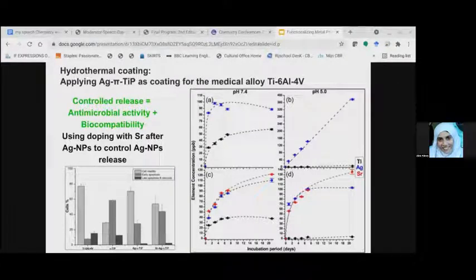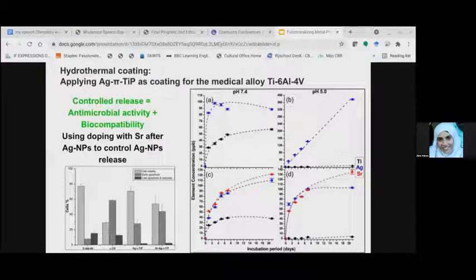So I immersed the resultant coated surfaces in different solutions at neutral pH, which mimics the natural physiological condition, and in acidic pH to mimic the stressful physiological condition.